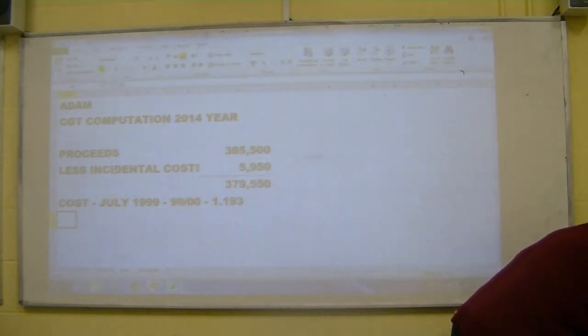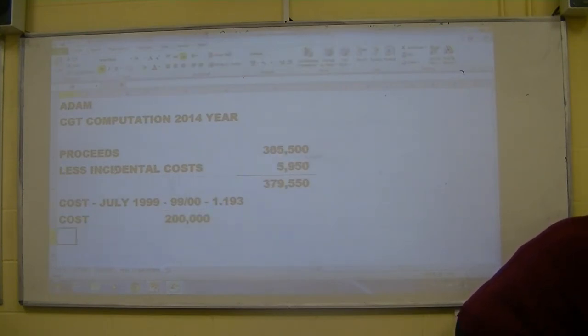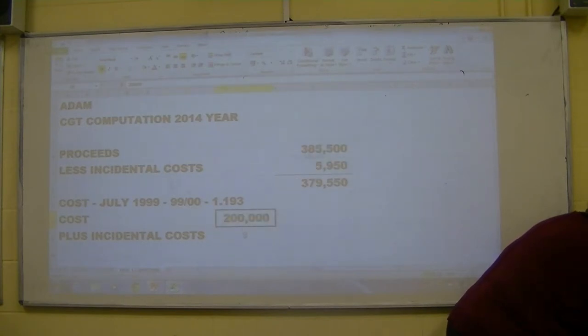So we've got a first property cost 200,000. And he incurred legal fees and auctioneer's fees of 3,100 when he purchased the property. So plus incidentals, and that is 3,100.